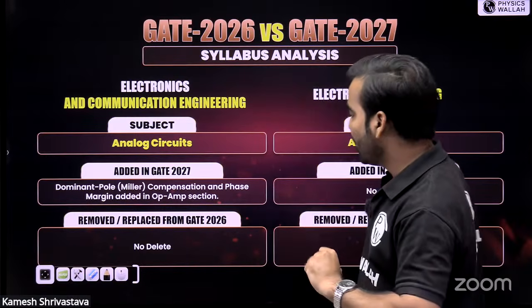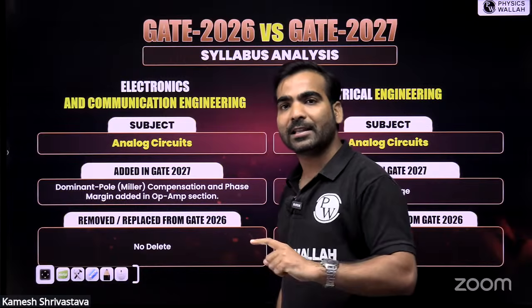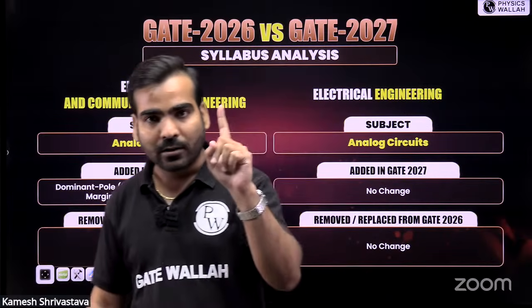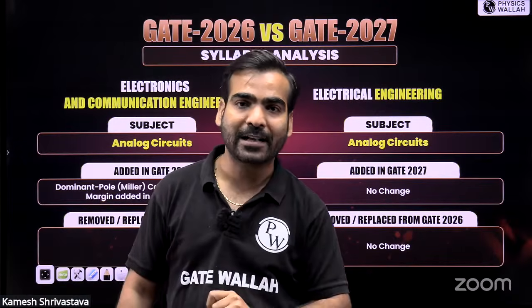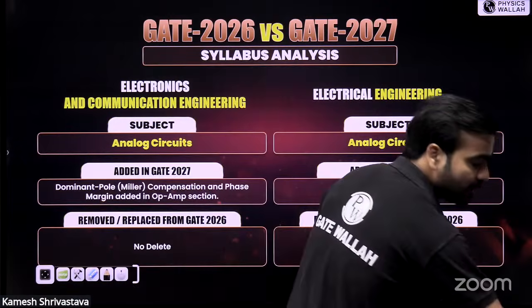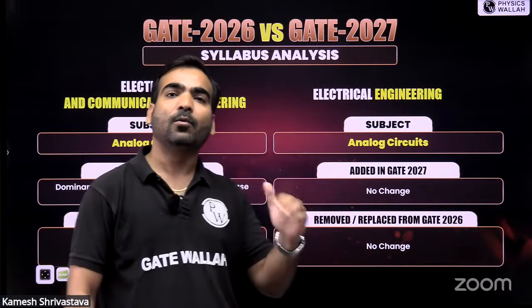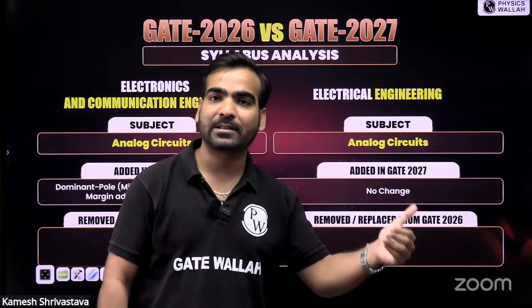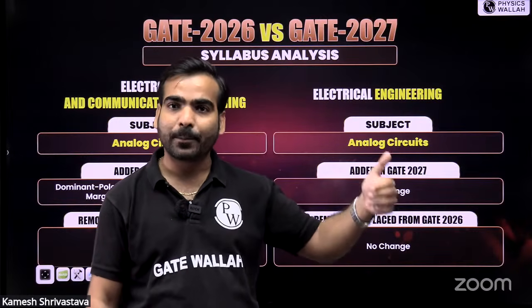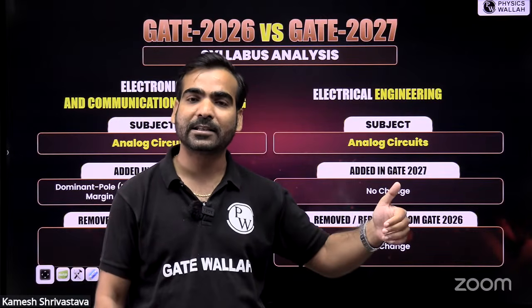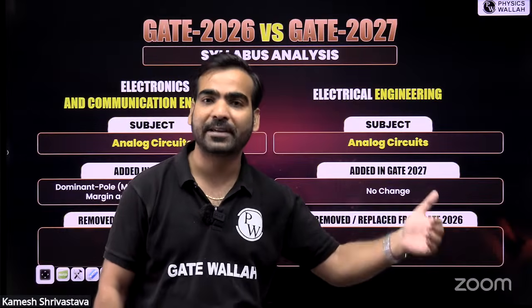For example, I'm giving you one of the questions that I solved in the classroom for GATE 2026 in the Parakram English batch. Let's look at that question, so that you will have an idea what we mean by phase margin and frequency response, and then how Miller compensation is used to stabilize your system or increase the phase margin. Let's see.